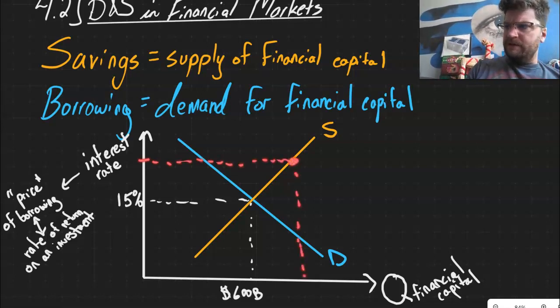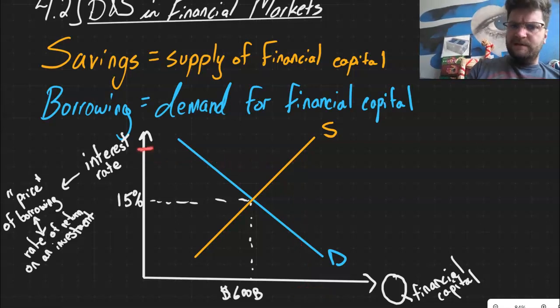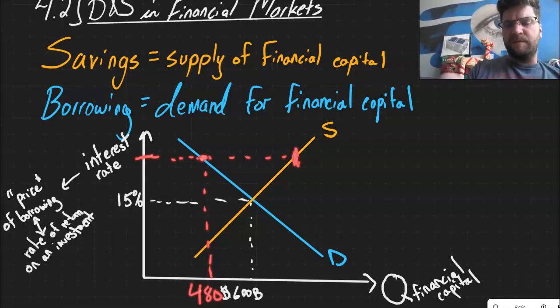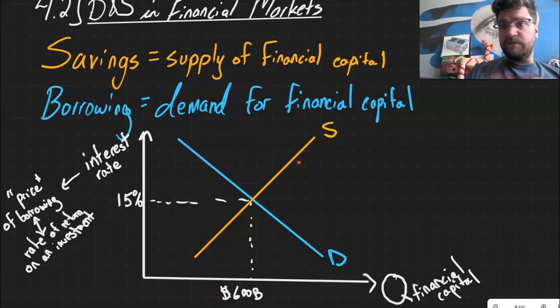So the quantity supplied at 21% is going to be something like 750 billion, whereas the quantity demanded at that same 21% would be only 480 billion, right? So a lot fewer people compared to the quantity supplied would be demanding those financial resources because the price is high. So maybe they would put off buying that home, put off financing that car, and so forth.